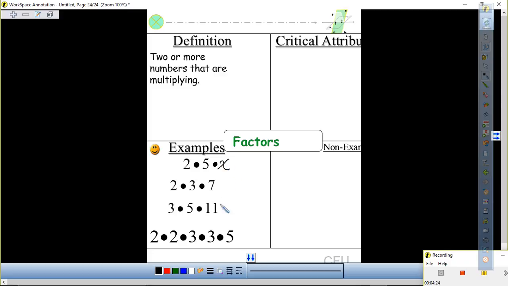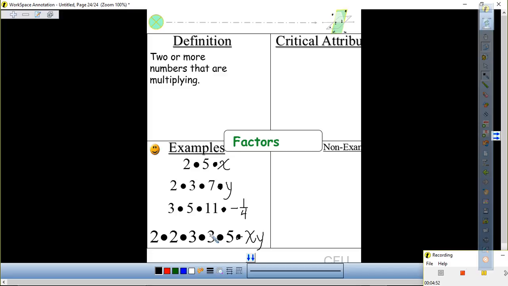Is that correct? What if I did this, times y? Are those still factors? Yes. How about times negative 1/4? Are those still factors? Yes, because they're still multiplying. Numbers that are multiplying. Does everyone understand? How about times x, y? Yes, there's multiplication throughout. All those are factors.